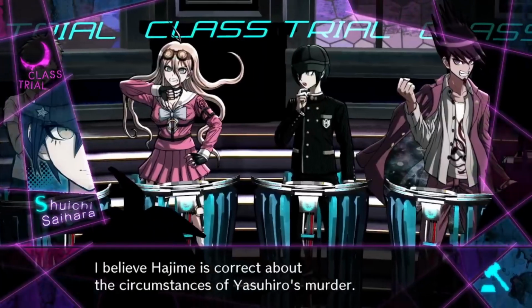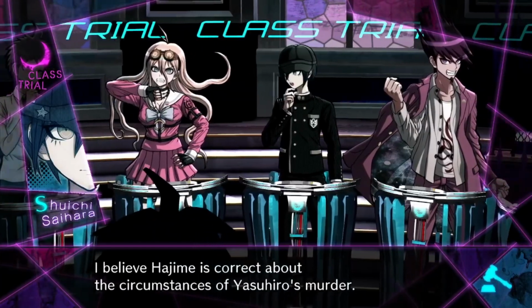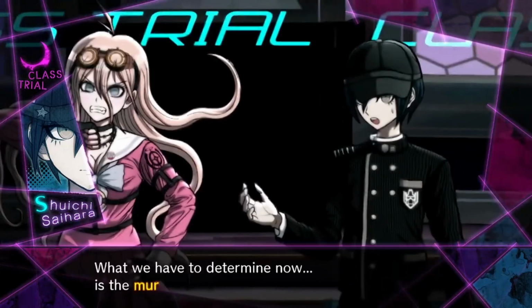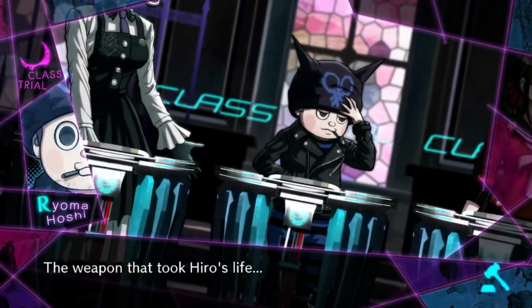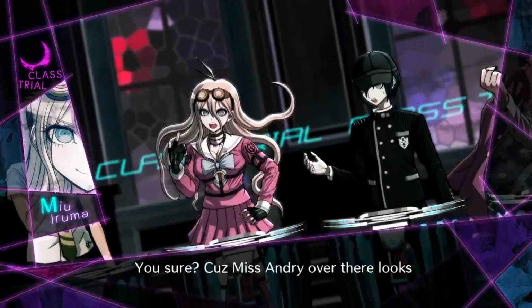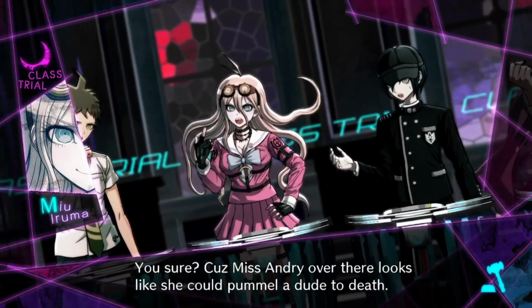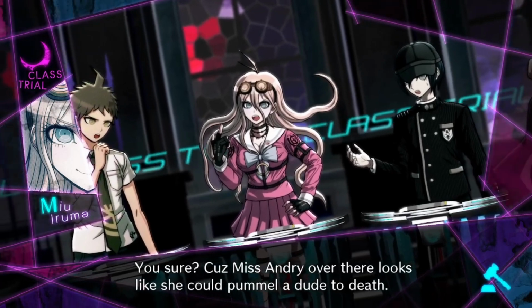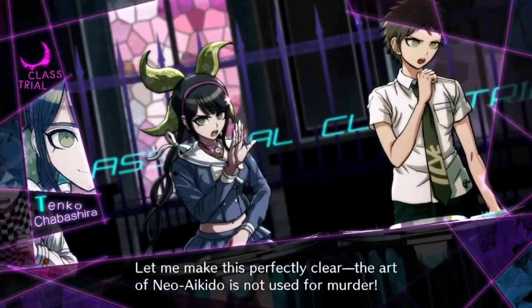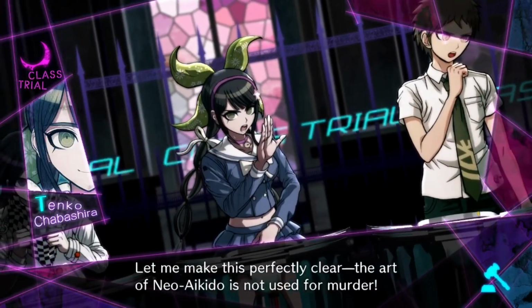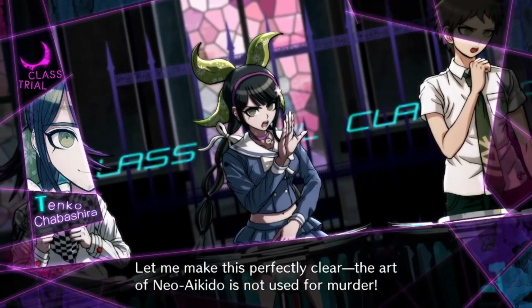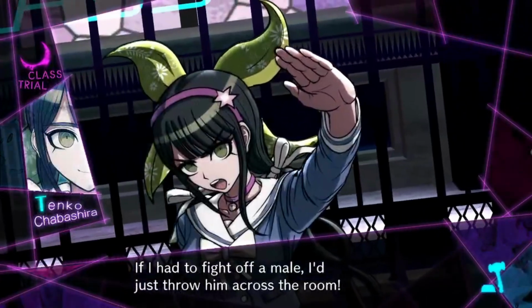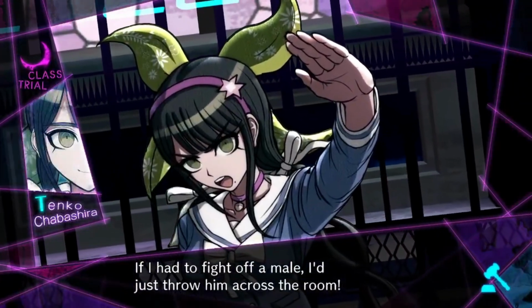I believe Hajime is correct about the circumstances of Yasuhiro's murder. What we have to determine now is the murder weapon, the weapon that took Hiro's life. You sure? Cause Miss Tenko over there looks like she could pummel a dude to death. Let me make this perfectly clear. The art of Neo-Aikido is not used for murder. Fair. If I had to fight off a male, I'd just throw him across the room.